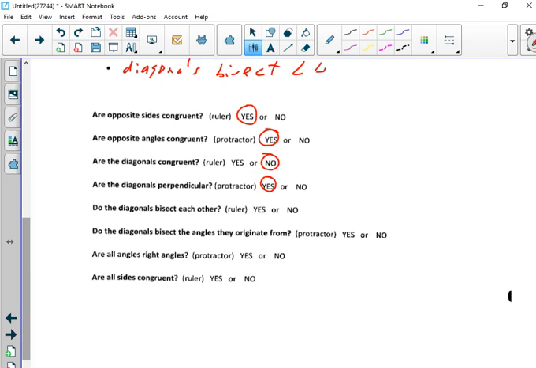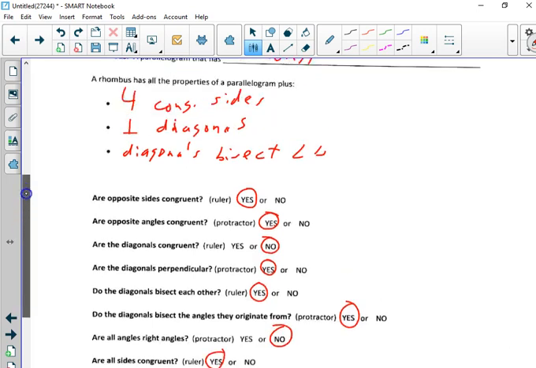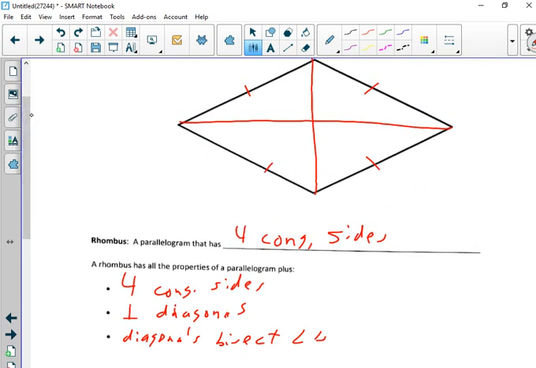Do the diagonals bisect each other? Yes, they do. Do they bisect the angles they come from? Yes, they do. All right angles? Nope. All sides congruent? By definition, yes. So again, this angle is split into 2 equal parts.